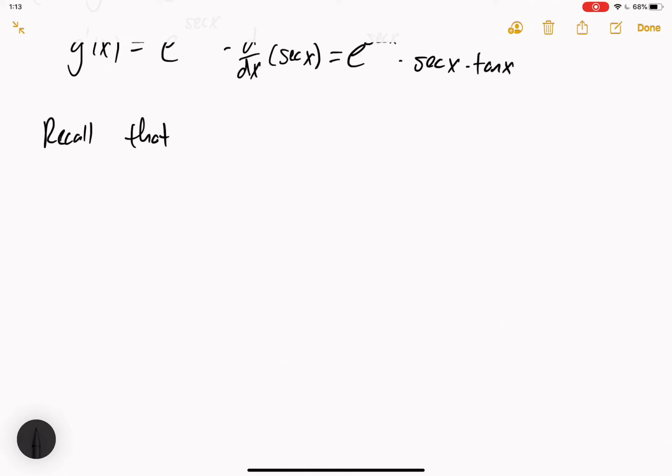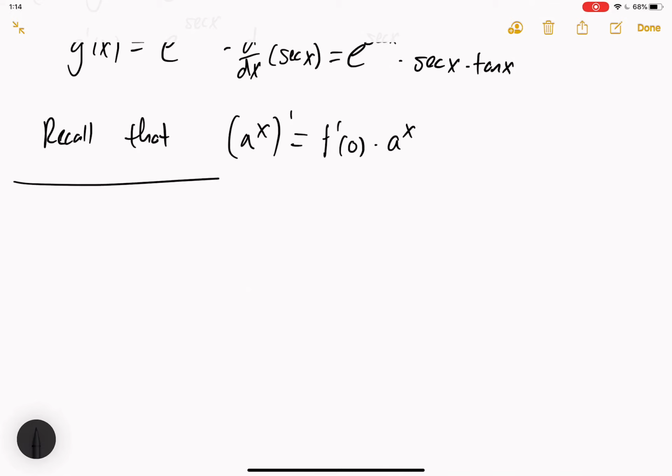Remember that the derivative of a to the x is equal to f prime of 0 times a to the x. One of the properties we got out of that is that e to the x evaluated at 0 is equal to 1, and that's how we defined e, as the number that satisfies that.